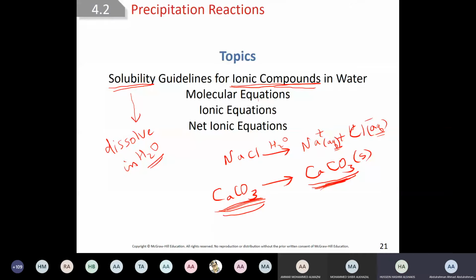It is non-electrolyte. It is ionic, but there are no ions in the water. If there are no ions, it will be non-electrolyte.